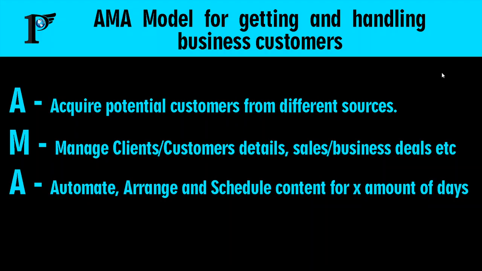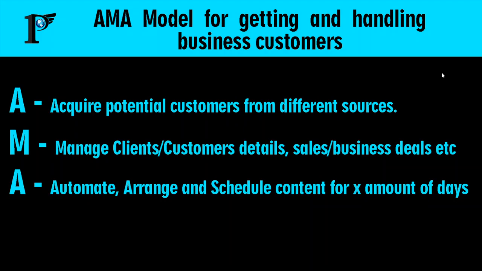And finally, after managing the clients, customers, and the business deals you have with them, and you've secured the deal, the next stage is now to automate, okay, which is what the A stands for. And this means automate, arrange and schedule content for X amount of days. Now, scheduling of content means posting the content you create for them for X amount of days, all right, or for your own business in case you are doing it for yourself.